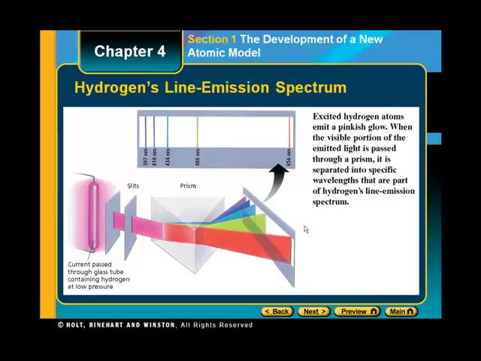So every time you do hydrogen, you'll get the same spectrum. Every time you do helium, you get the same spectrum. That helium spectrum is different from the hydrogen spectrum. So it's as if every single atom has its own emission fingerprint, and it's specific to the atom.